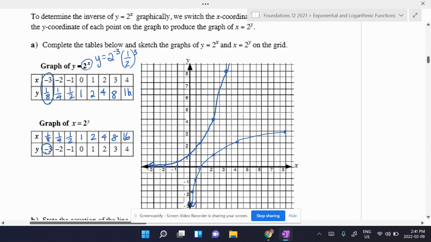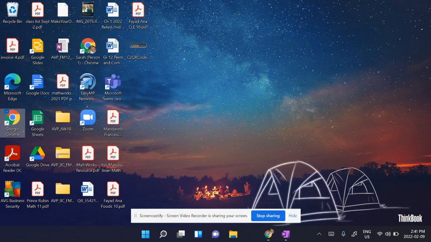There we go. So again, this line here, x and y are equal. X is equal to y. These are directly opposite each other.